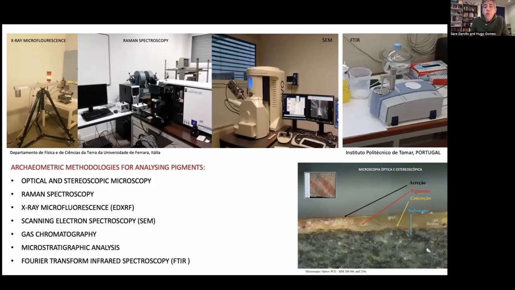It's the first approach to the sample that we collect. Now we have also developed the protocol to use portable apparatus, which lets us collect some of this information in the fieldwork, helping us to choose the best sample to collect and bring to the labs.